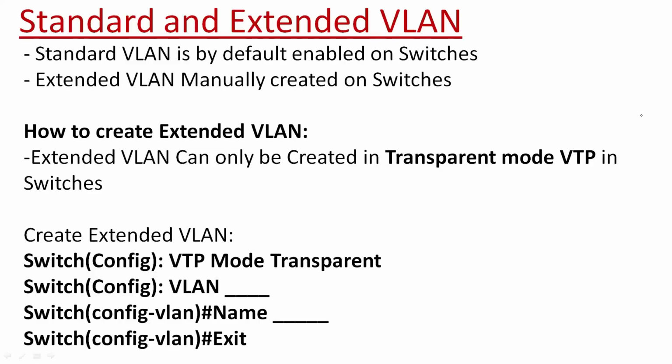As I told you, by default, the standard VLAN is available here. Extended VLAN must be manually created on the switches. These are the steps to create the VLAN. Now let's configure on real devices after this.